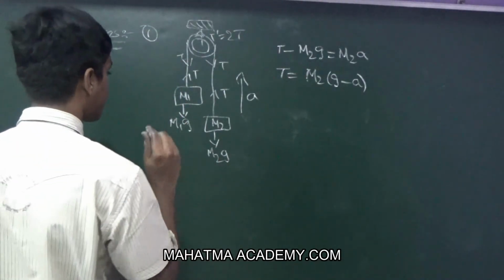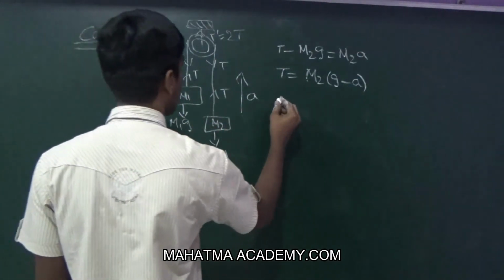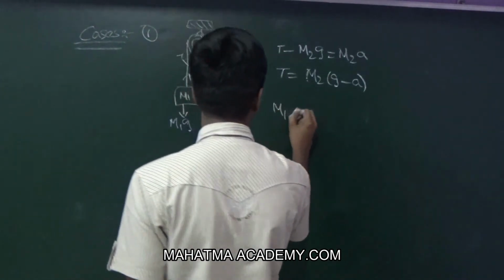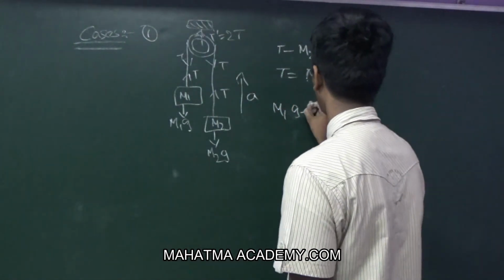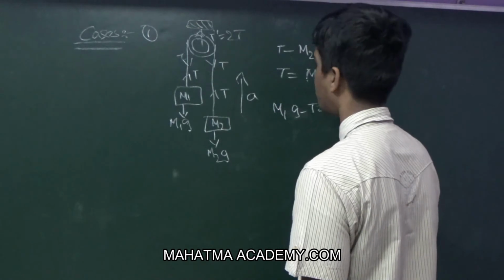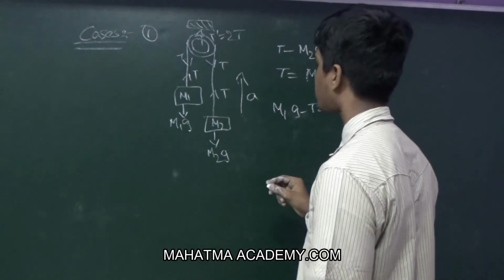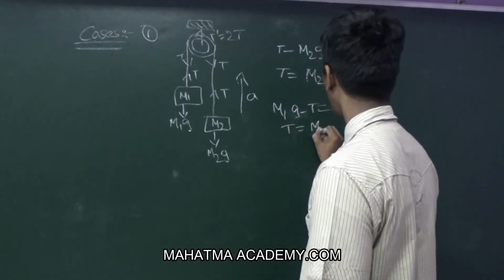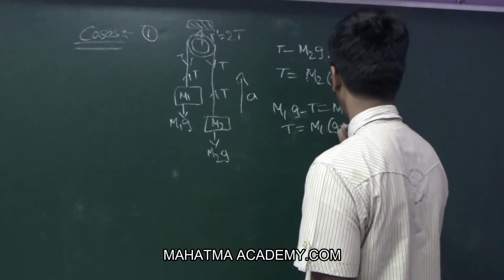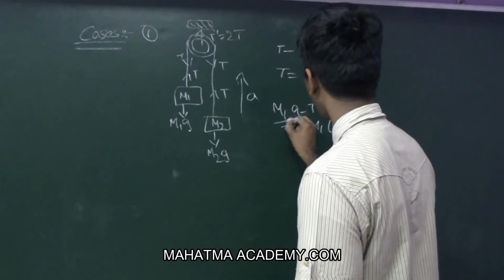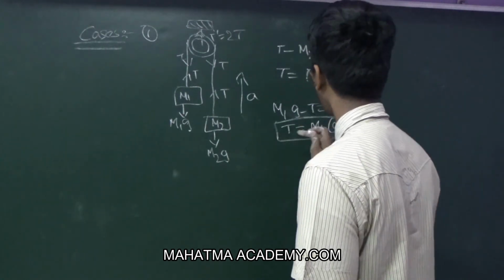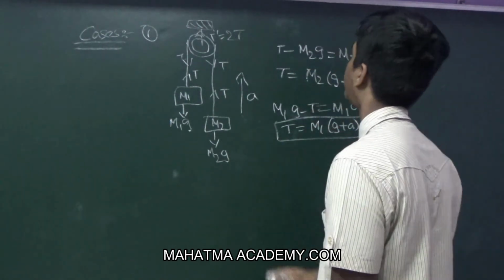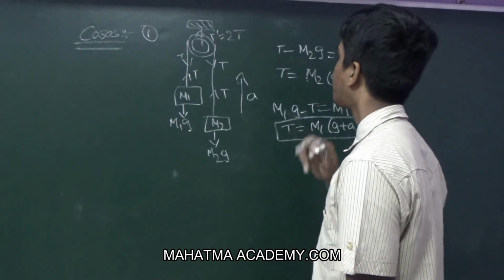For the first, M1G minus T is equal to M1A. Then tension is equal to M1 into G minus A, because it is going upwards and it is going downwards.